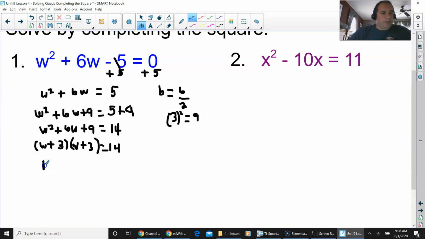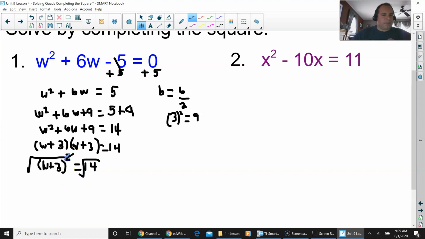So we have w plus 3 squared, and that is equal to 14. Again, the way you undo the square is to square root. So you're going to square root this whole side, and you're going to square root the whole right side.